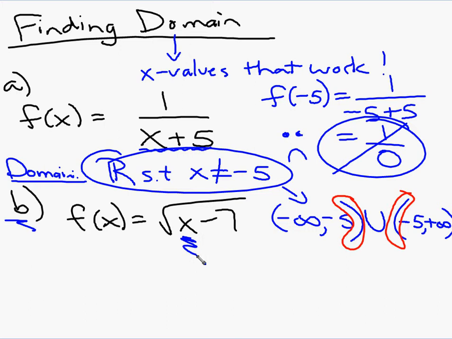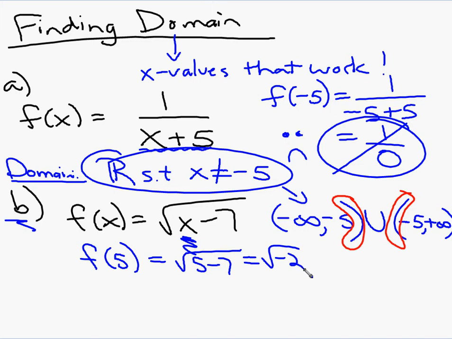When do I start getting negative numbers? When x is what? Very good. When x is less than 7, right? Because, let's just pick one. If I do f of 5, then I get the square root of 5 minus 7, which is the square root of negative 2, which is a problem.